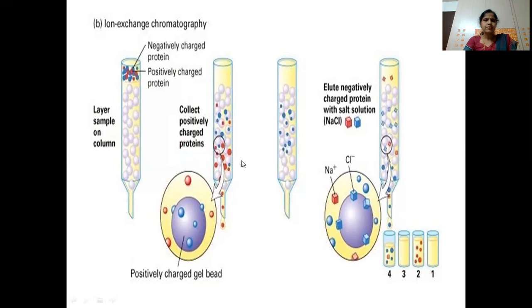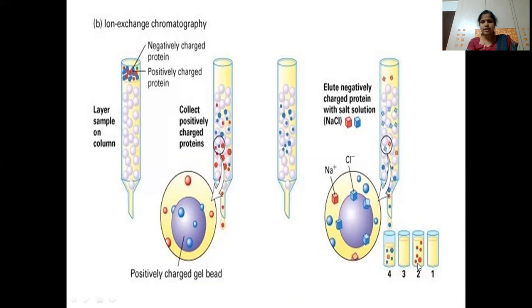Now this is an example where proteins can be separated by using ion exchange chromatography. In proteins, we have negatively charged as well as positively charged proteins. When both are added as a sample in the column, first all the positively charged proteins are eluted out, and then later the negatively charged proteins are eluted out. In the first fraction, you can see only the buffer being collected.